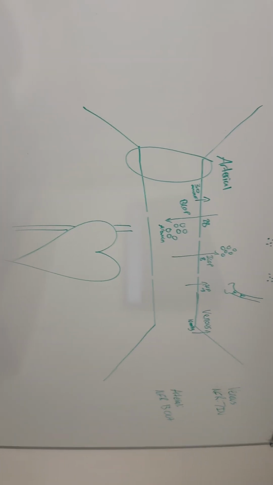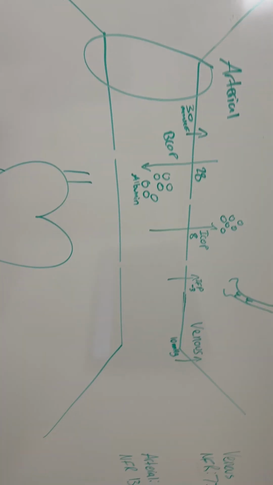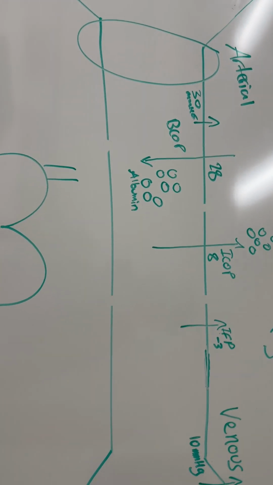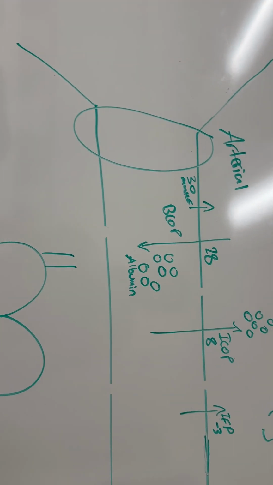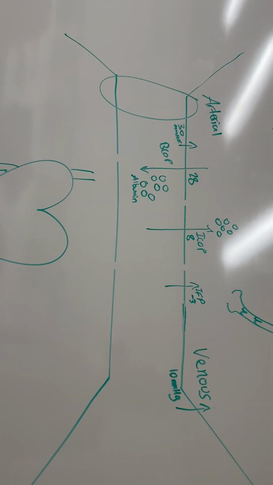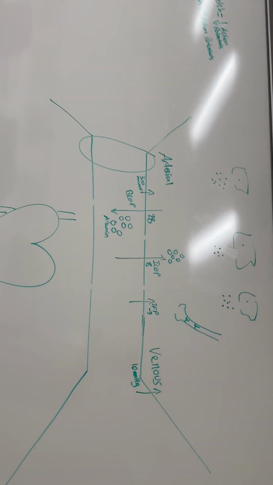Another example could be starvation or dilution of blood plasma. If we have less albumin, then we're not going to be as osmotically active for fluid to come into the capillary, right?